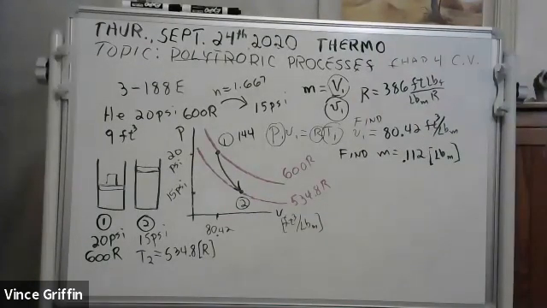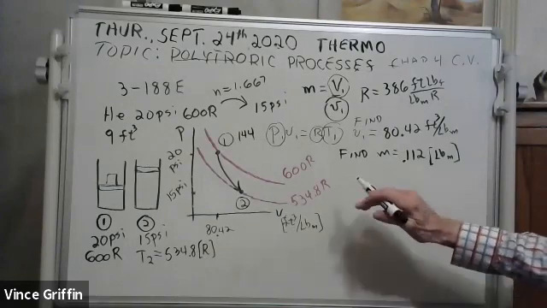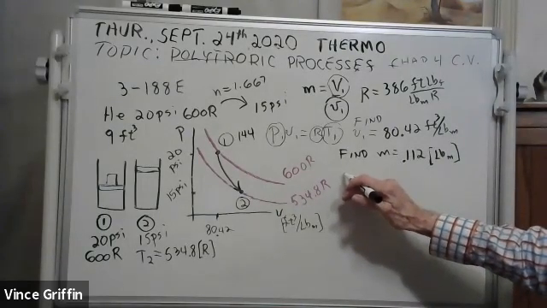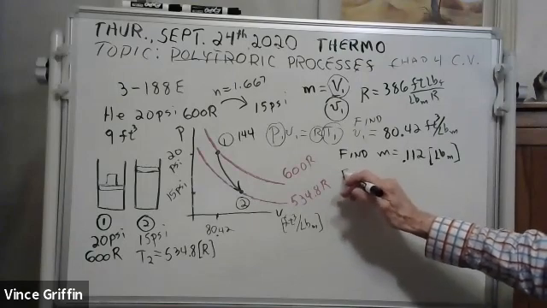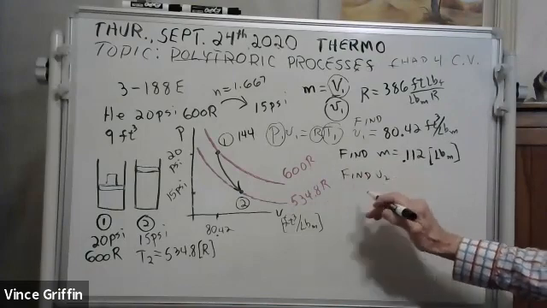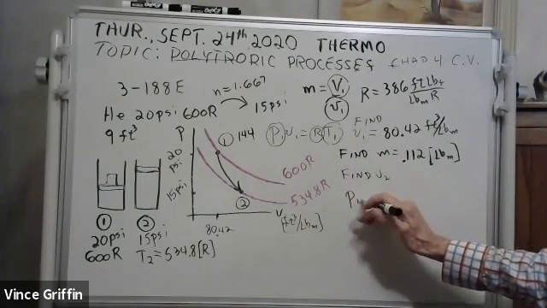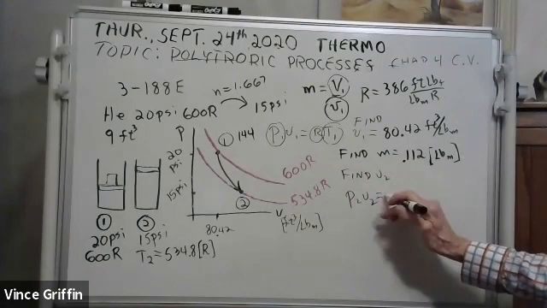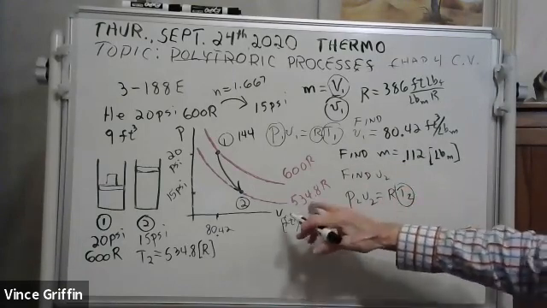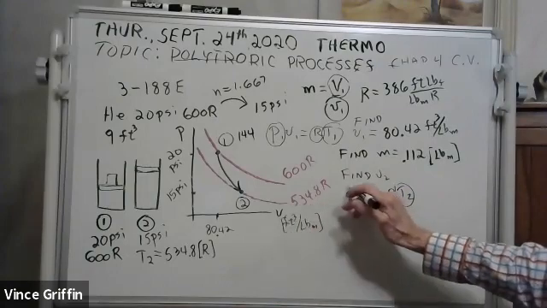We're probably going to need a V2 while we're at it. Now I'll pick on somebody else. We want to find V2. Now here's the deal. P2V2 is equal to RT2. And we have T2. See, we figured it out. And we have P2.